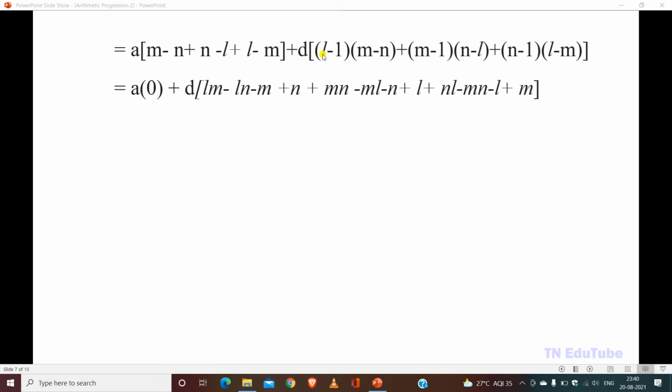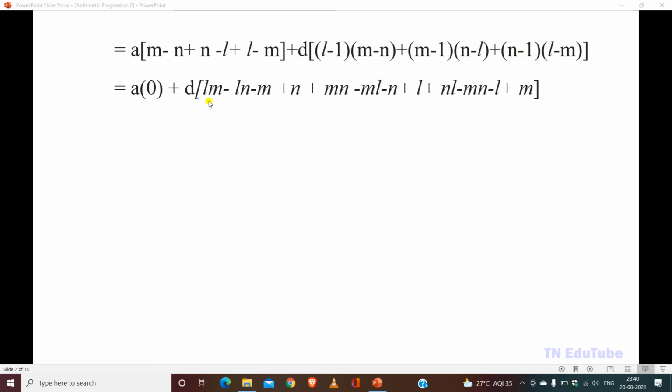Here lm minus ln minus m, minus into minus plus n. Okay, children? Like that, here also multiply, mn minus ml. Then minus n, minus into minus plus, so plus l. Here nl minus nm. Like that, minus l plus m.